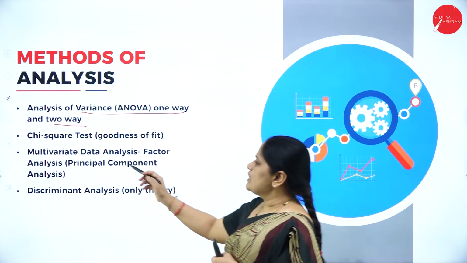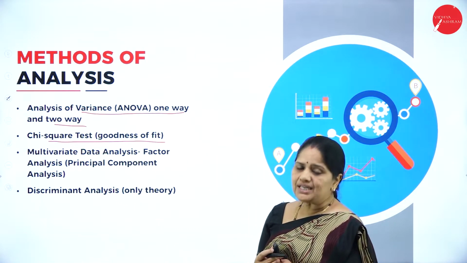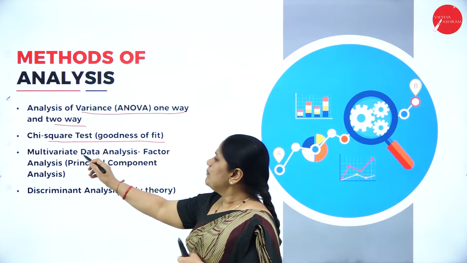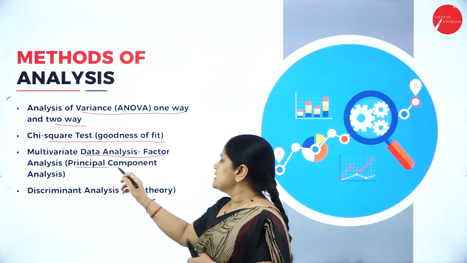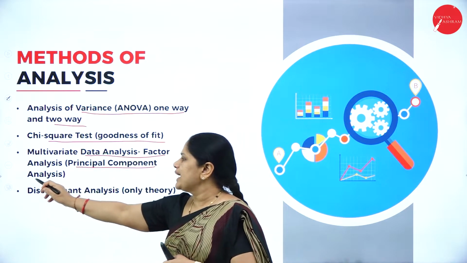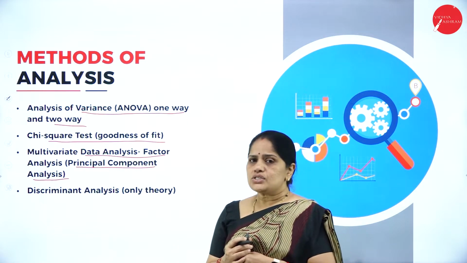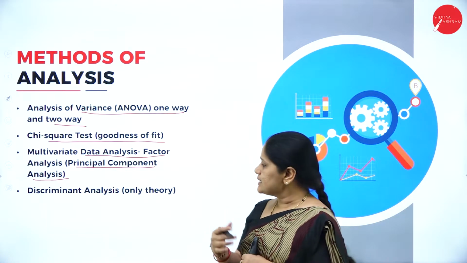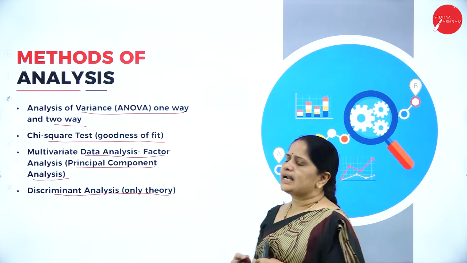Then, we also have the chi-square test, or the goodness of fit. Which test is good, that we have to decide. Then, multivariate data analysis, or factor analysis, principal component analysis. In this we will be studying about the factor analysis, and lastly we will be studying about discriminant analysis.